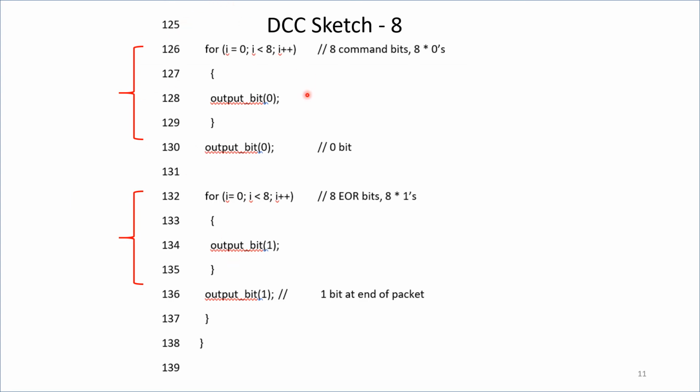Then I'm sending out the command byte, which in the idle packet is always 8 zeros. Then the 0 bit between the command byte and the EOR. Then I send out 8 ones for the EOR function. The 8 ones is the correct value, but I just send out 8 ones automatically here. Then I transmit a 1 bit to say that's the end of the packet, and the DCC decoder on the train knows I've sent out all the information. You can start looking for the idle packet.